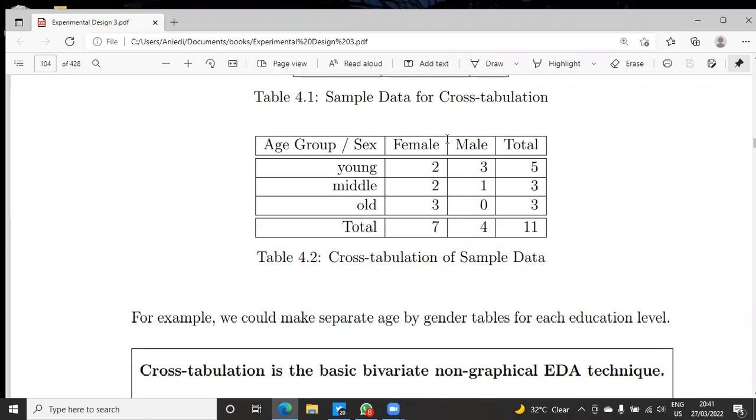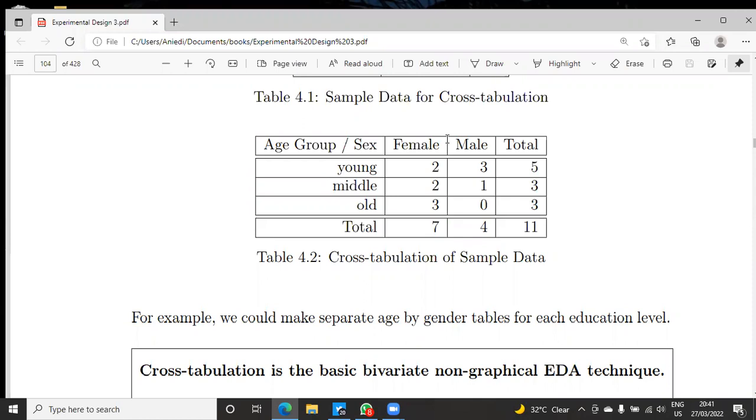So the correlation will tell you the degree of relationship, such that if 3 males go for a checkup, how many females do you expect to go for a checkup at a particular time? So it gives a degree of relationship between this group and the other group.